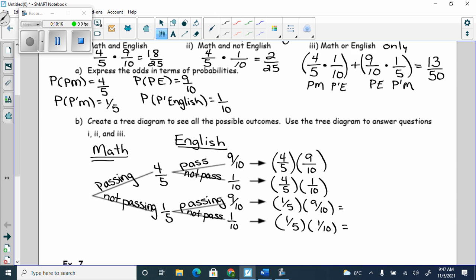And I write all my answers. This one was 18 out of 25, we did it up top. This was 2 out of 25, we did it up top. This one's going to be 9 out of 50. This one's going to be 1 out of 50.